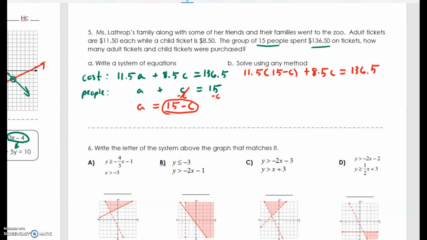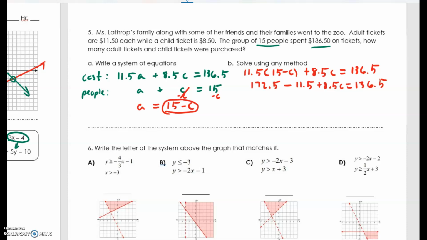All right, so now I'm going to solve for C. I'm going to start by distributing. Okay, so 11.50 times 15 is 172.5. And then 11.5 times negative C is negative 11.5C. And then rewrite the rest.